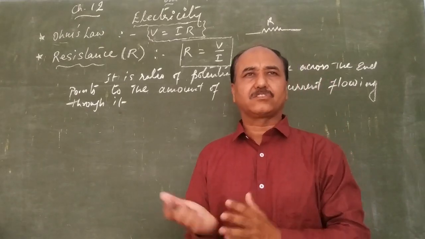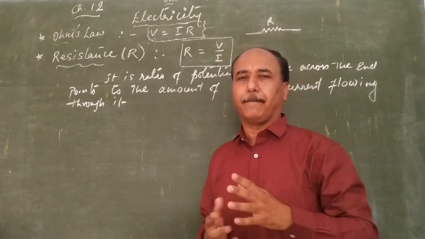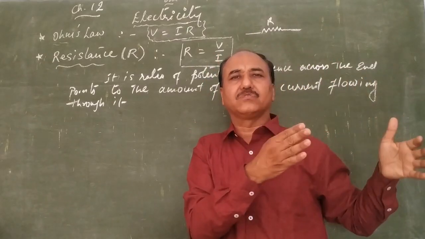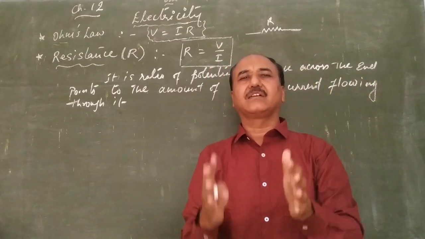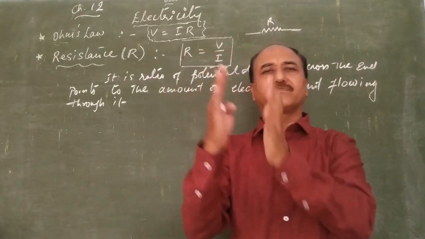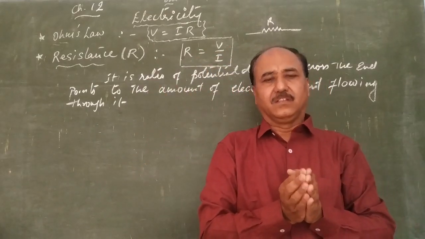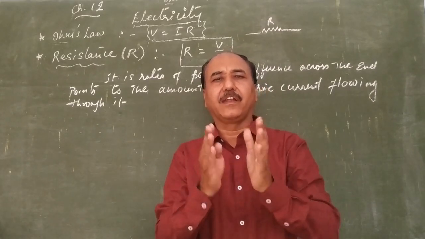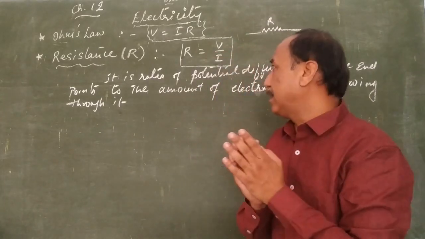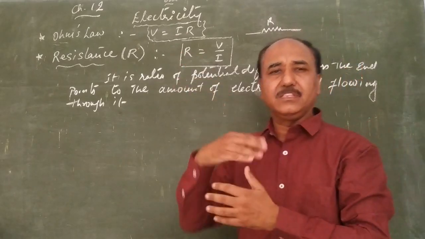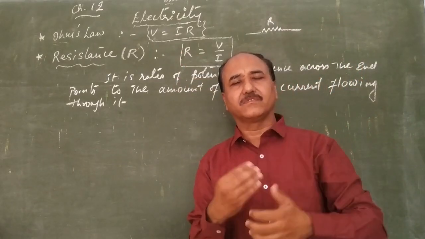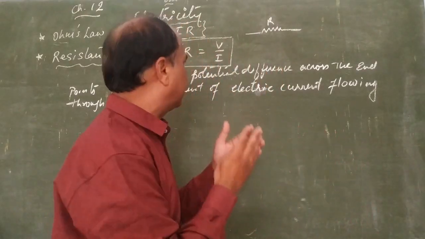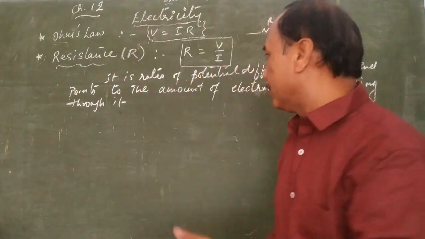This flowing water can be stopped by constructing a dam. When we construct a dam, the water flowing through the river will collect and gather before the walls of the dam. That is called a barricade or a hindrance. In a similar manner, resistance is one of the properties of a conductor that opposes or resists the flow of the current.